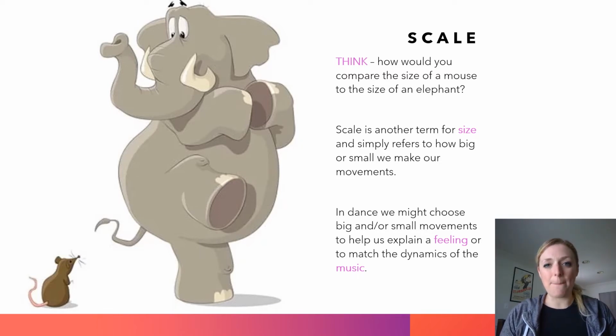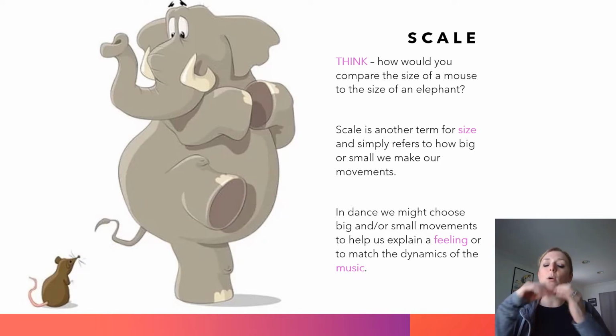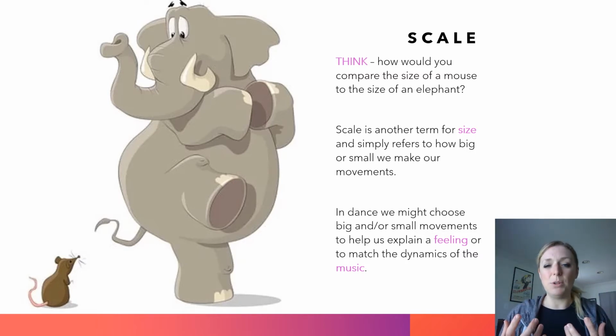So for example, if you've chosen to make a contemporary dance and it might be about a serious or sad issue and your character's feeling a little low, you might make quite small, gentle movements on that scale. However, if you think of something like Hairspray that we did weeks ago, that was huge in terms of the energy and the dynamics of the music. So we had lots of really big shapes in that routine.